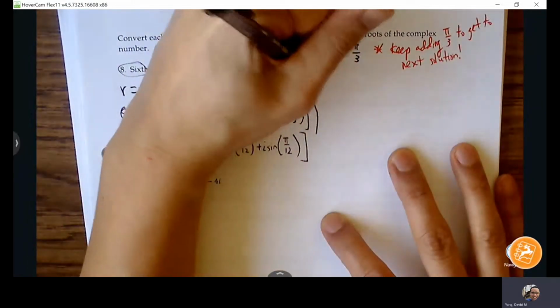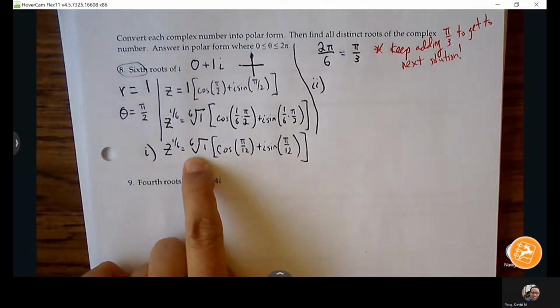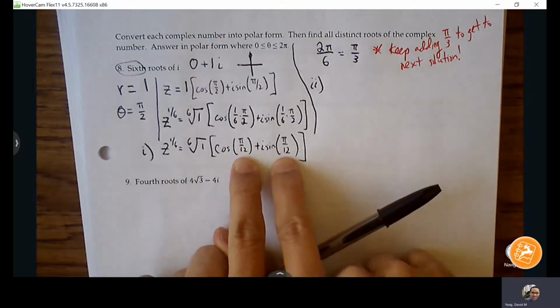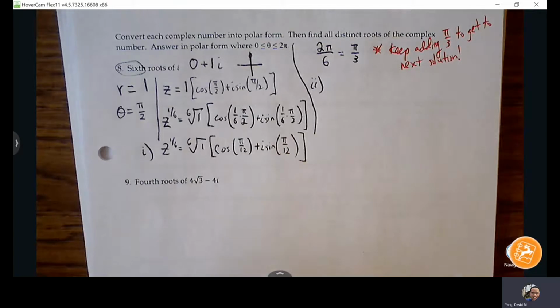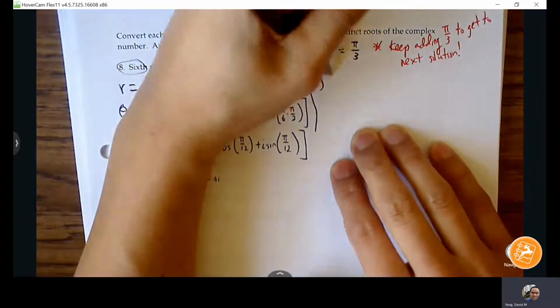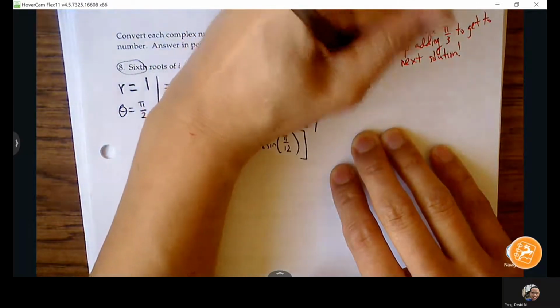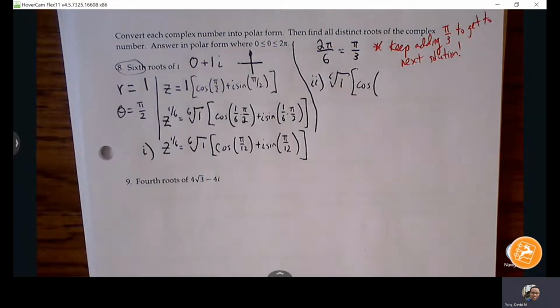Okay, so second solution, keep everything the same, the 6th root of 1, the cosine, the i sine, you're just going to add pi over 3 to pi over 12. You use your calculator to do 1/12 plus 1/3, okay?